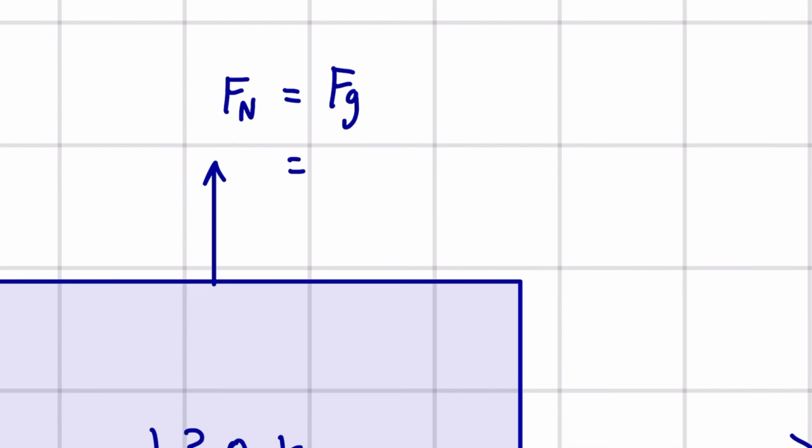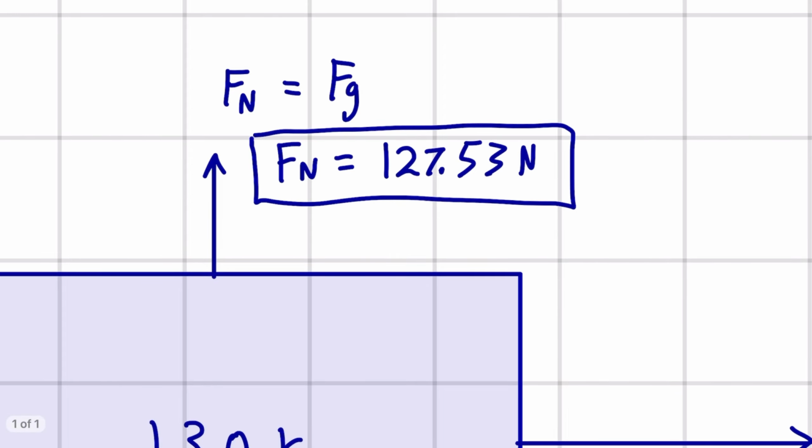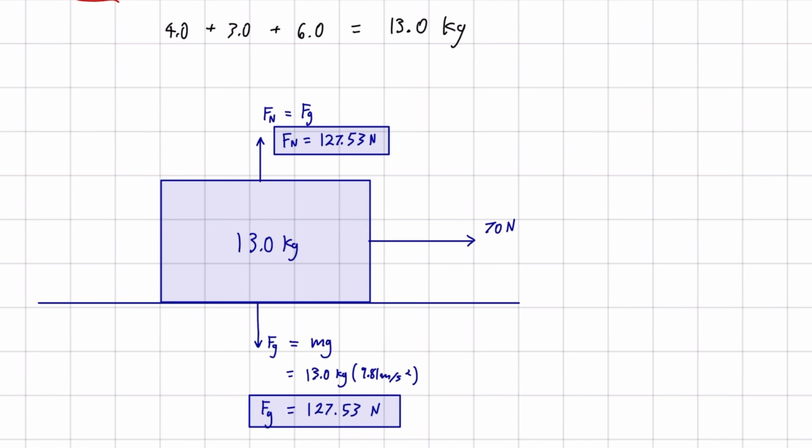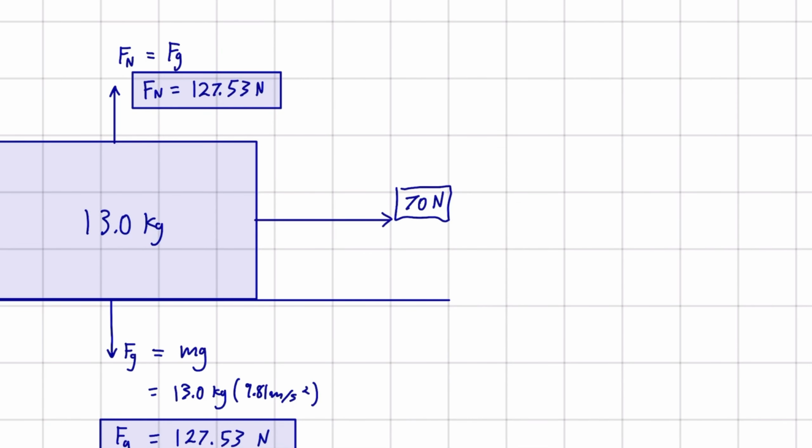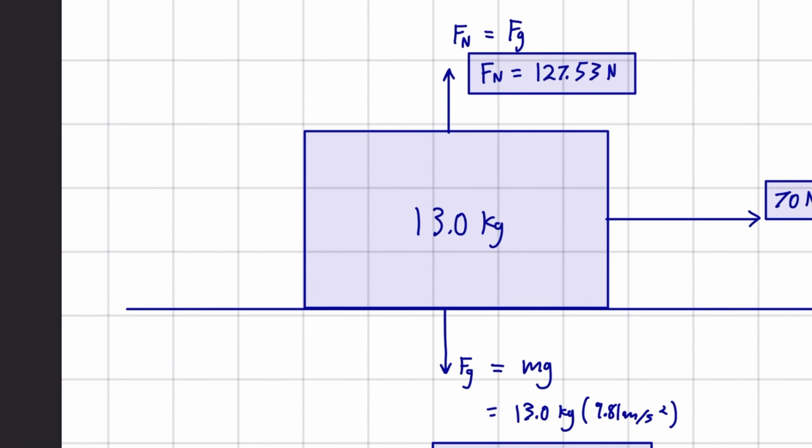So our Fn is also equal to 127.53 newtons. And I'm putting a box around all of our values here, just so they're distinguished from our calculations.